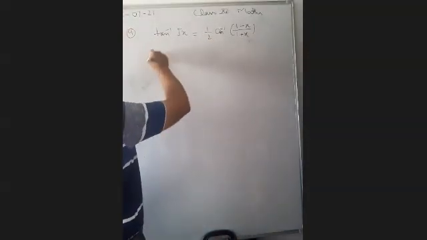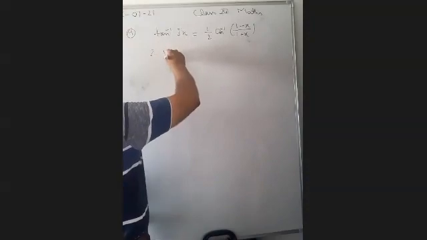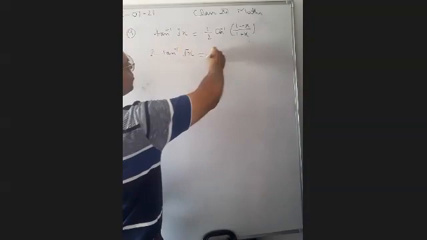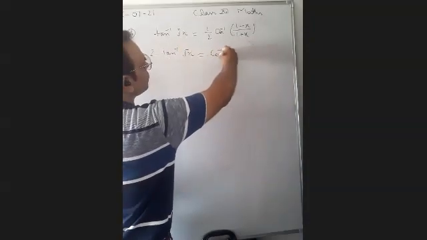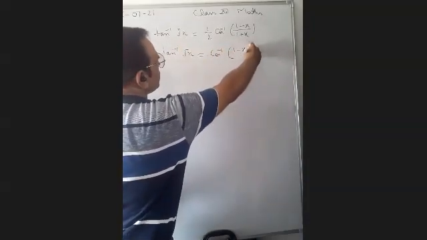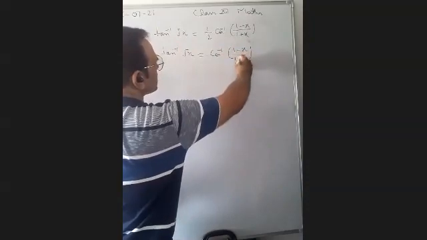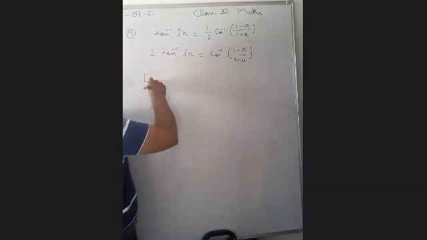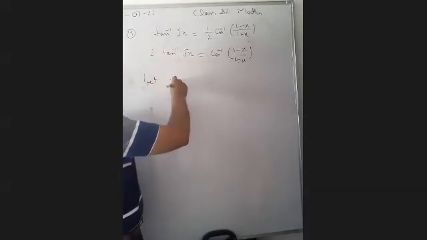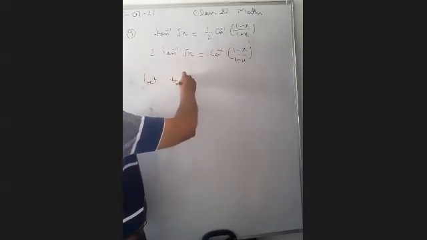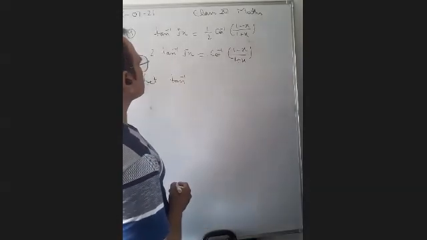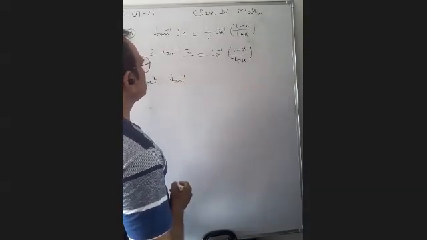We can prove this relation also, 2 tan inverse root x equal to cos inverse (1 minus x) upon (1 plus x). Suppose करिए let we take 2 tan inverse root x.